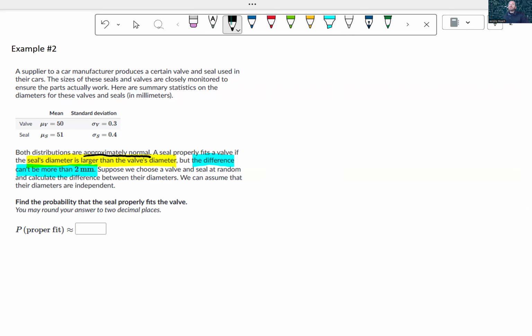Okay, so the first part that says the seal's diameter is larger than the valve's diameter, that's just going to be S is greater than V. And the difference of this is S minus V.